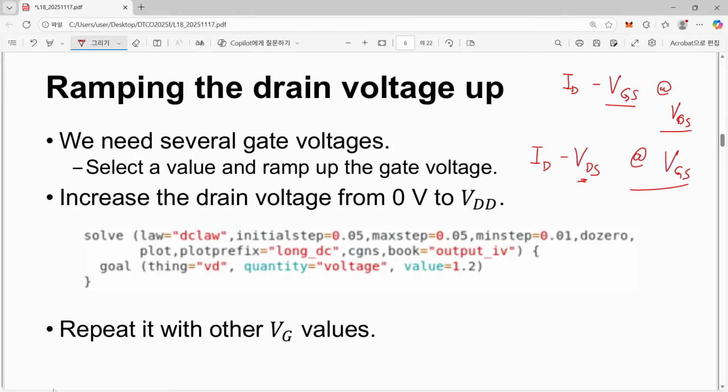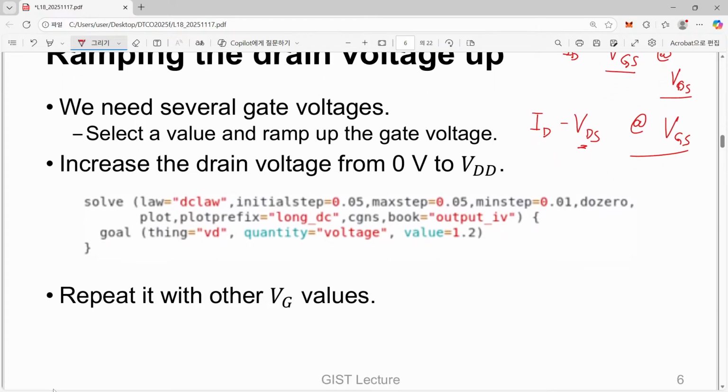So we have this kind of description. Now, depending on gate voltage, their behavior looks quite different. So we must consider several different gate voltages.